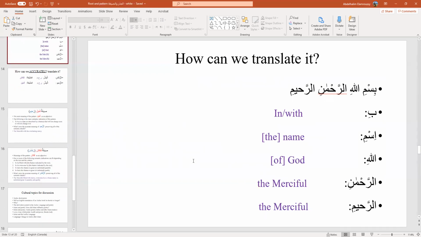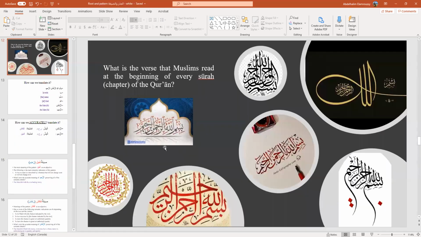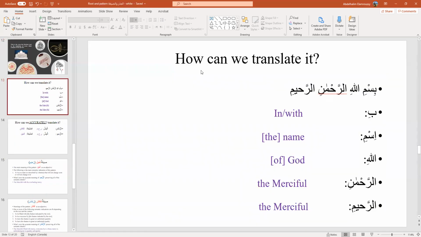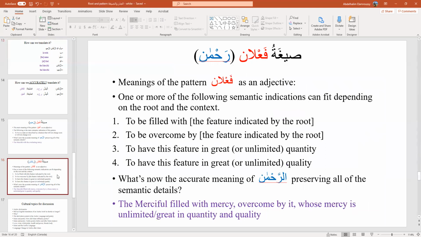So if you like to translate it accurately, preserving all of the semantic indications, semantic meaning has to do with the meaning, it will be: in the name of God, the merciful, filled with mercy, overcome by it, whose mercy is unlimited or great in quantity and quality.